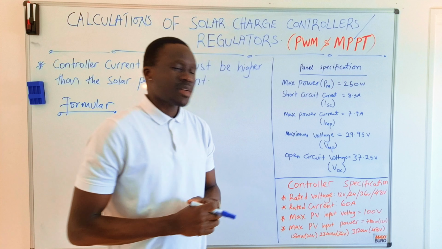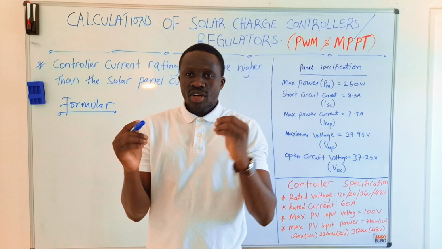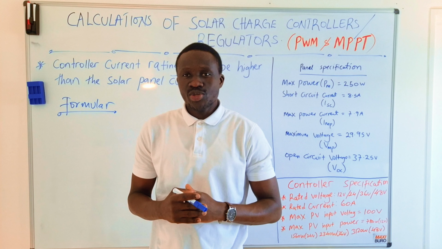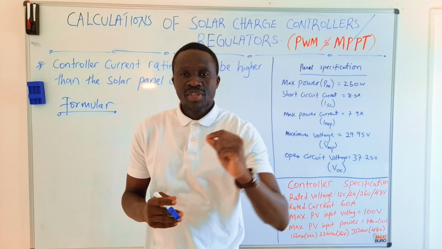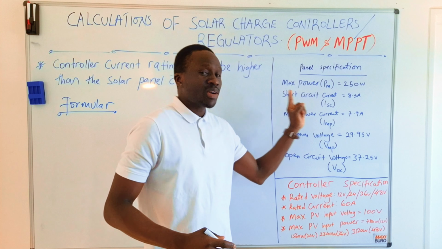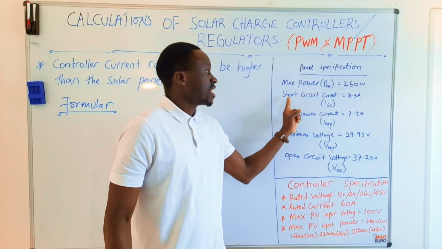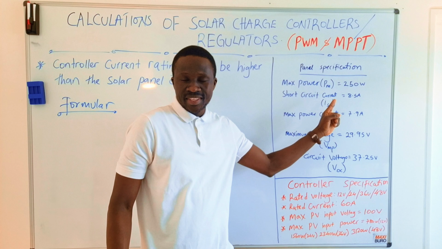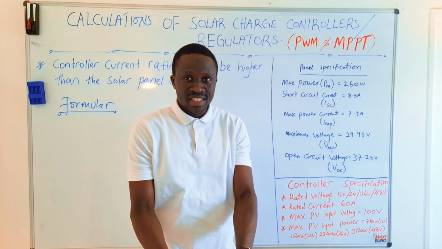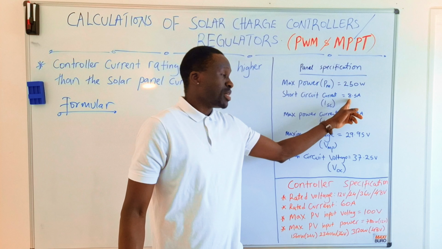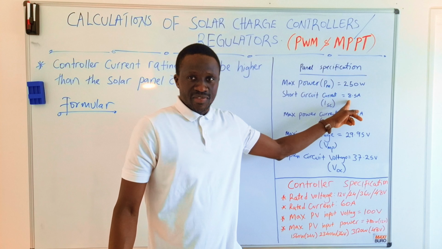Now, what formula are we going to use? After knowing your solar panel short circuit current, when you have connected your panel, the current which you will be having is 8.5.